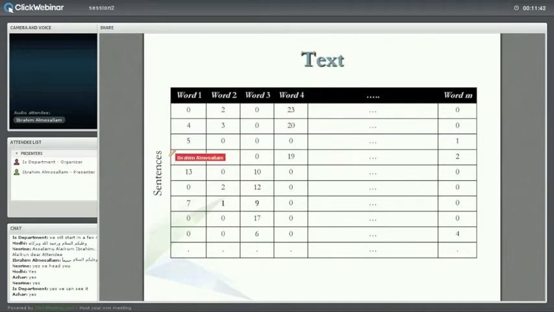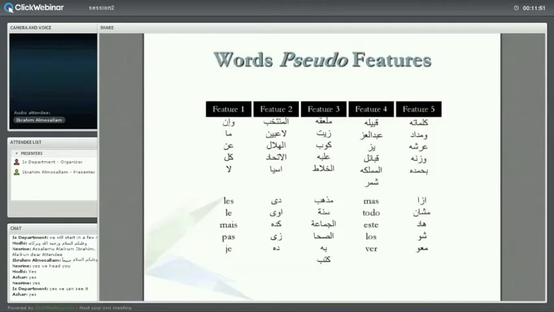Word number 4 appeared 19 times in sentence number 4, and so on. If you apply the same technique and rank each feature, what you will find is this. The first feature was the stop words in Arabic, and the totally opposite to the stop words in Arabic were, I think, stop words in French.